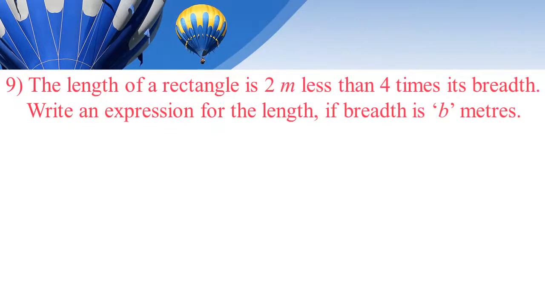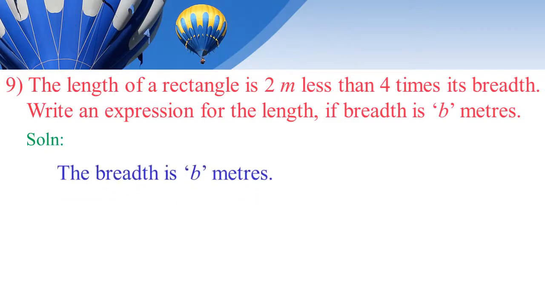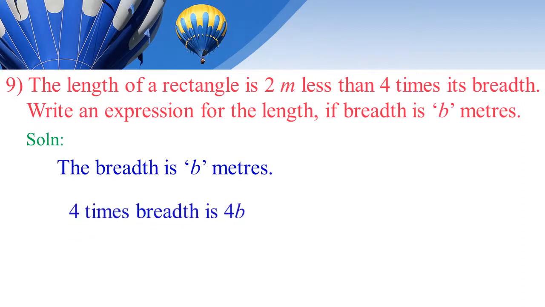Ninth problem. The length of a rectangle is 2 meters less than 4 times its breadth. So write an expression for the length if the breadth is b meters. So we know the breadth is b meters. So here 4 times its breadth can be written as 4b.